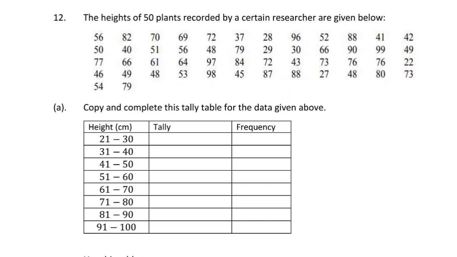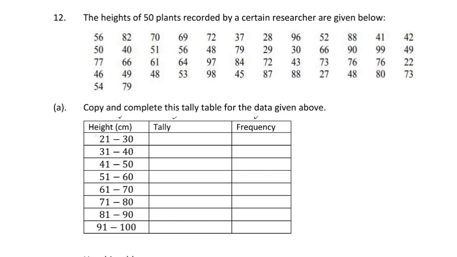Okay, so let us just copy the table from our question. We are going to sketch our table. Our table is going to have 3 columns: a column for height, a column for tally, and a column for frequency as given in the question. Let us just complete copying the groups given.